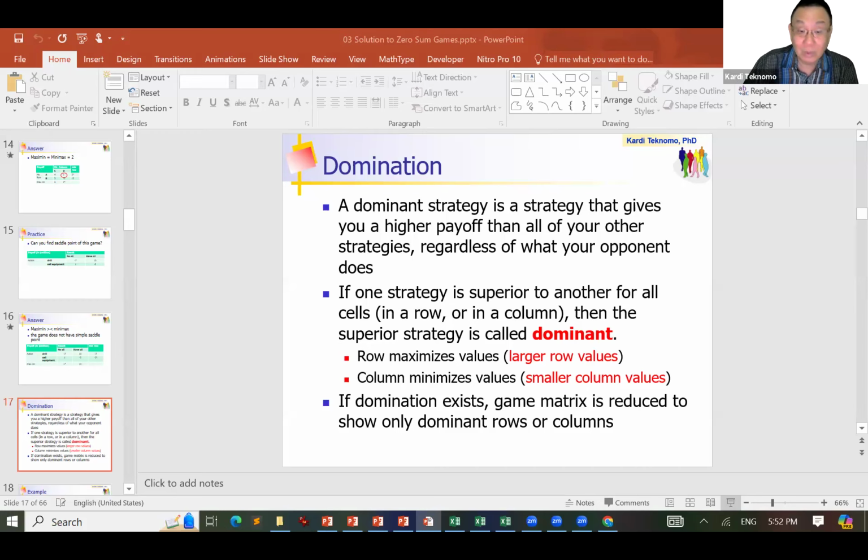For columns, it will minimize the value, so you look for smaller column values. If domination exists, the matrix can be reduced to show only the dominant row and column. So the domination technique is to reduce the matrix. For example, you can reduce a very big matrix so that it becomes smaller.